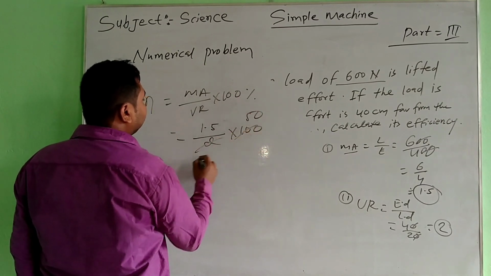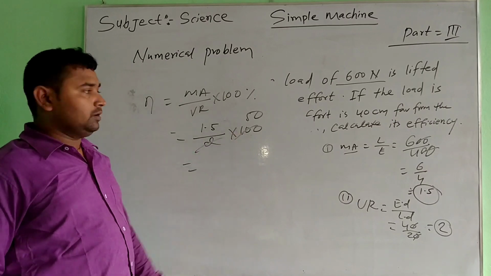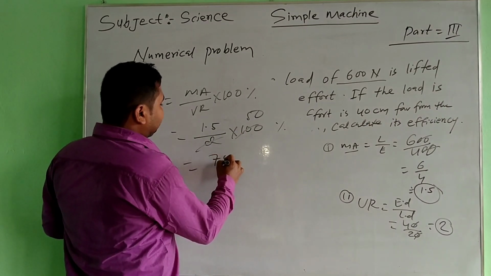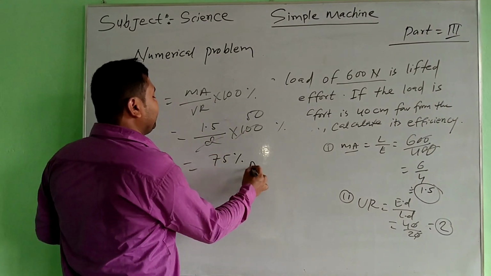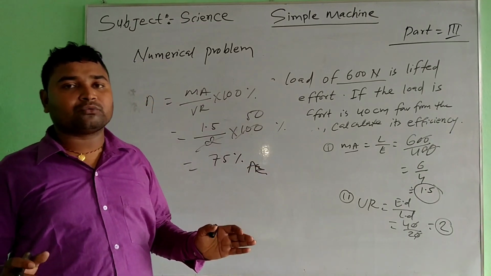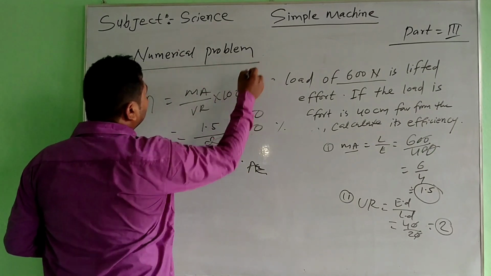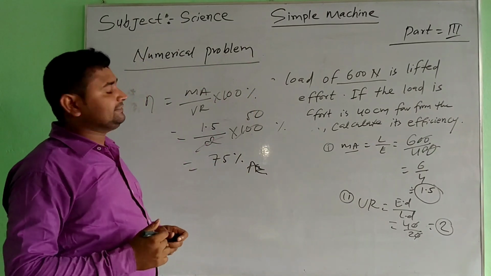So what is our efficiency? 75% is our required efficiency. So in this way you can do several numerical problems, and you have to practice more and more in your home. Okay. Thank you.